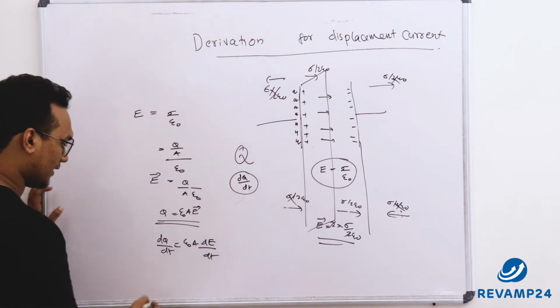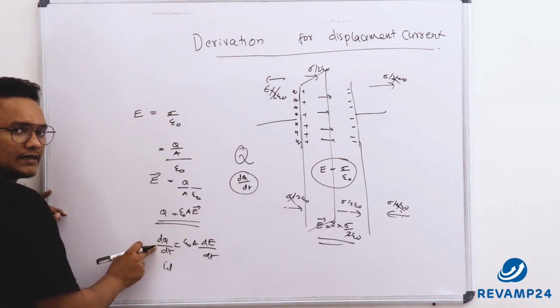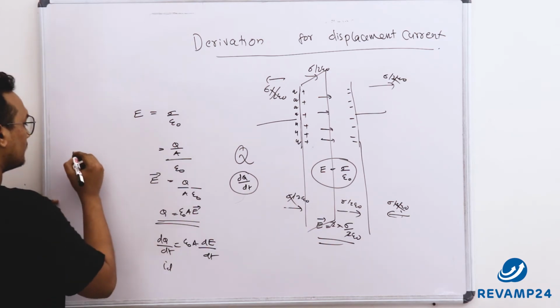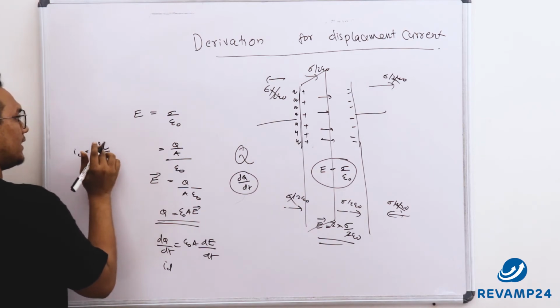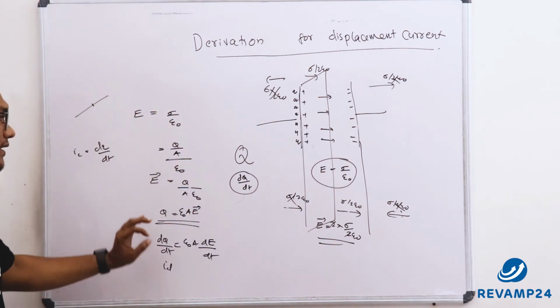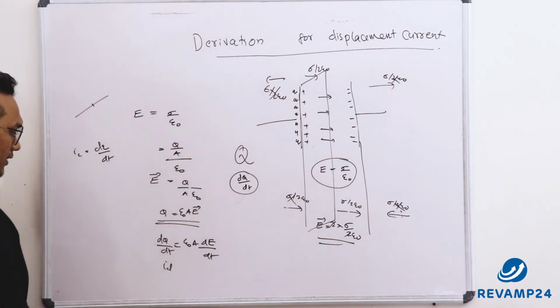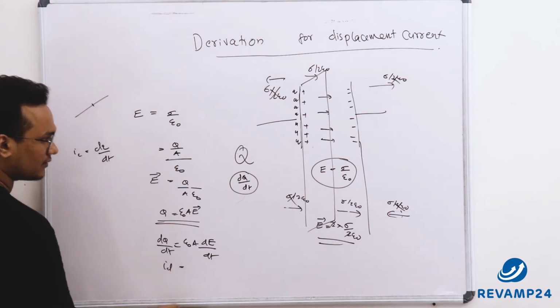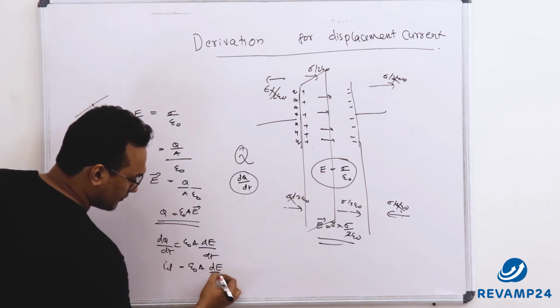So this can be written as I_D, because it has the same dimension and unit as I_C, which is equal to dq by dt. But dq by dt is charge passing through a point, whereas here it is charge added in 1 second. So the displacement current is equal to epsilon 0 A dE by dt.